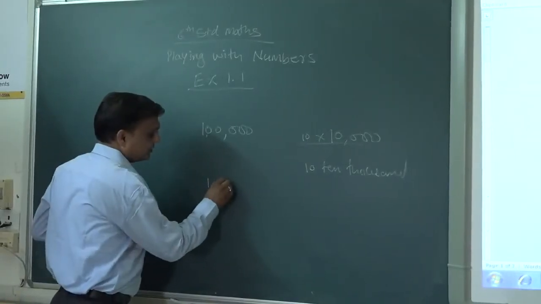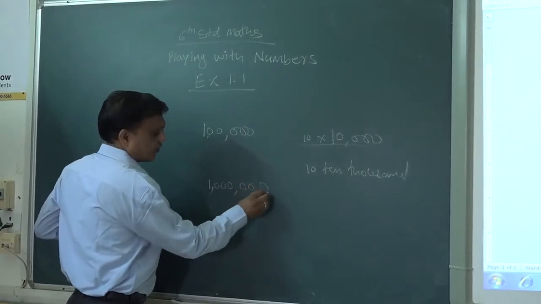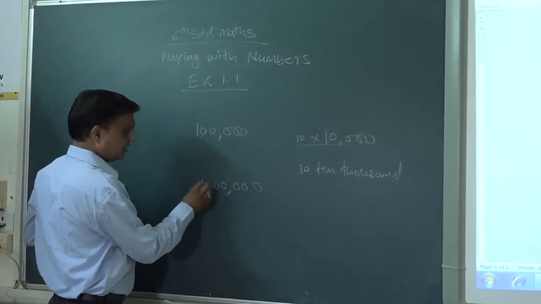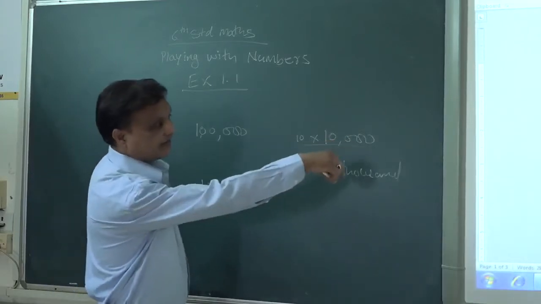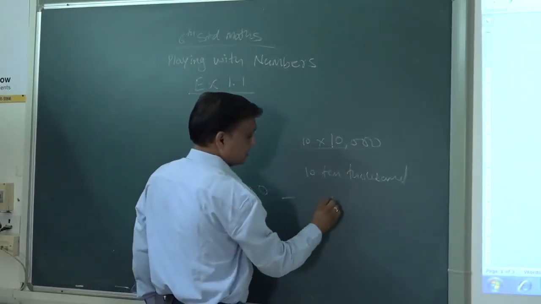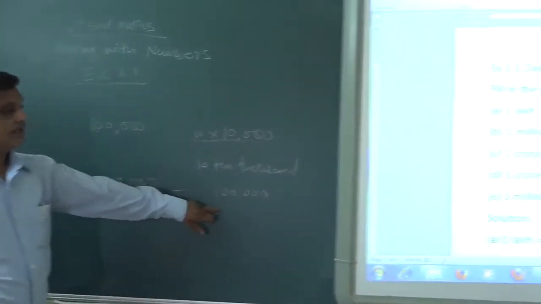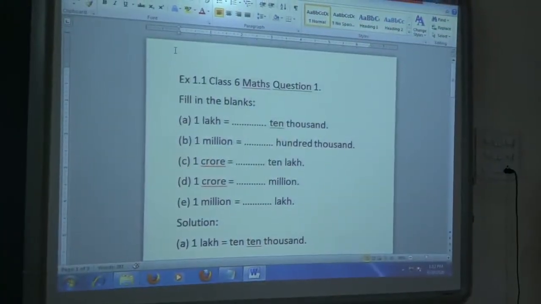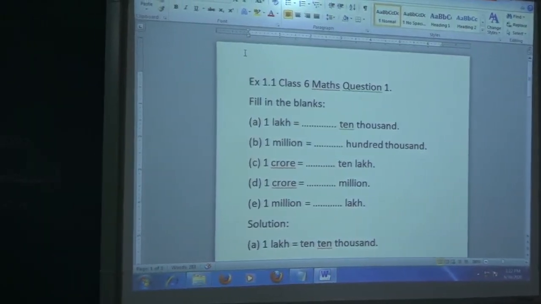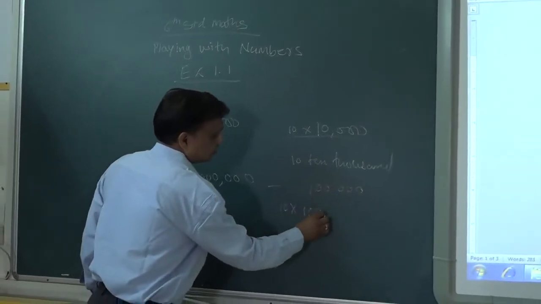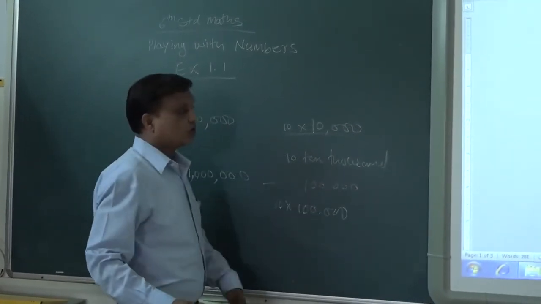Okay? Now next, 1 million is equal to dash 100,000. First we will see 1 million means how much? In 1 million there are 6 zeros. And in 100,000 there are 5 zeros. So how many zeros are left?